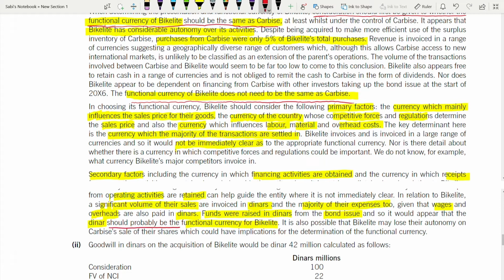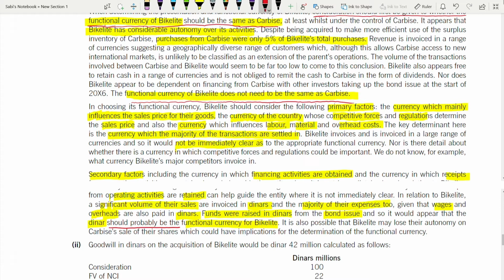There's a probability. It's not 100% certain. You can never be certain. So it appears that dinar should probably be the functional currency for Bike Limited. So write your answer in this form. In any ACCA paper, whether AFM, SBR, audit, or SBL, you are giving the answers like a probability: this should be, this can be, this may be, based on the facts. You are never saying this is the answer.